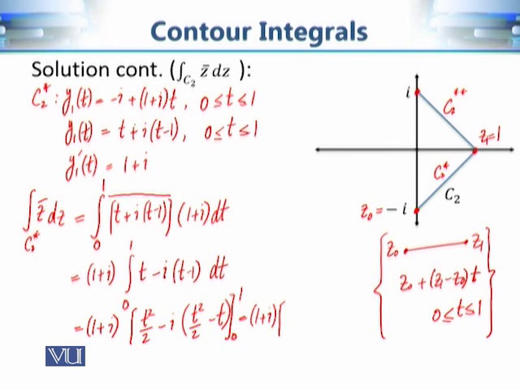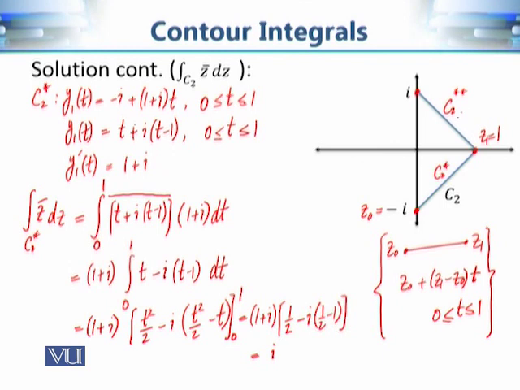When we put t equal to 0, everything is going to be 0, and when we put t equal to 1, what we get is 1 by 2 minus iota (1 by 2 minus 1). If you simplify this term, then you will get iota. So that's the contour integral along the path C2 star.